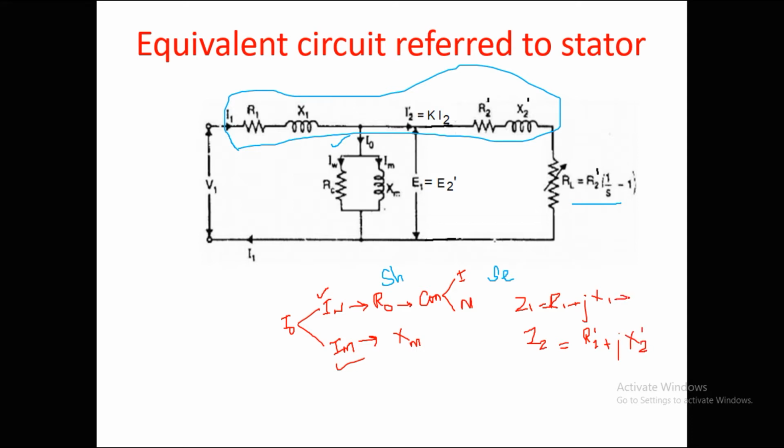The current flowing in the stator is I1 here, and the current through the rotor is I2 dash here. And this is about the shunt and series branch elements. The supply voltage V1 here is V1 per phase, that is a phase voltage, because we are equating a three-phase induction motor circuit to a single phase equivalent circuit. So V1 is nothing but a phase voltage.